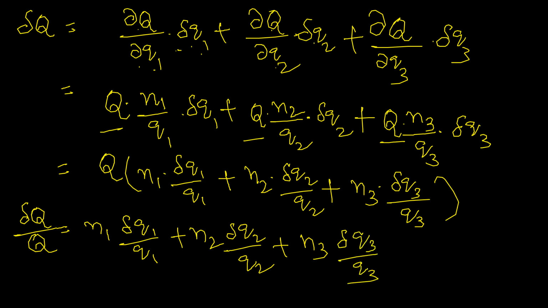So the required relative error or overall error del Q by Q is equal to n1 times del q1 by q1 plus n2 times del q2 by q2 plus n3 times del q3 by q3. The correct answer is option A.